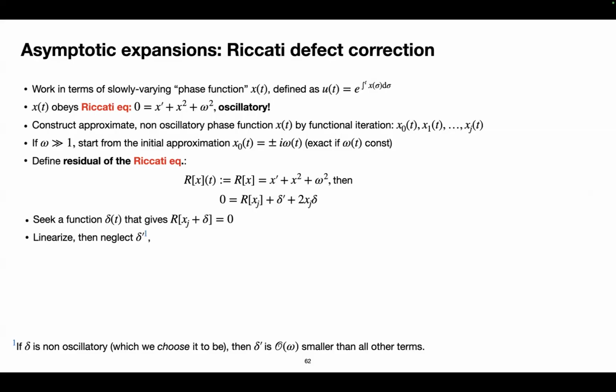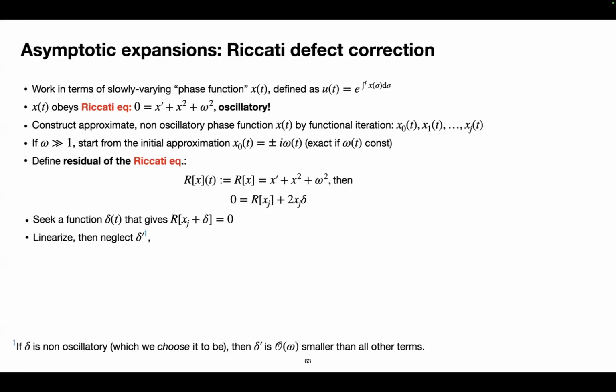So this delta prime term, hopefully I can convince you that it's actually order omega smaller than the rest. And if omega is large, meaning the solution is highly oscillatory, then it is much smaller than the rest of the terms. So you can compare it with the next term, 2 xj delta. The xj is always going to be at least order omega larger. So I'm going to neglect that term as well.